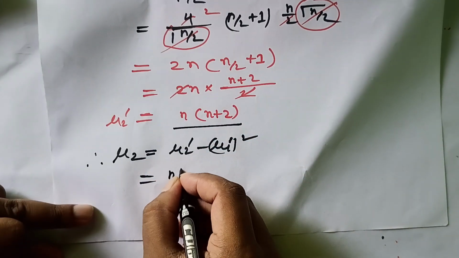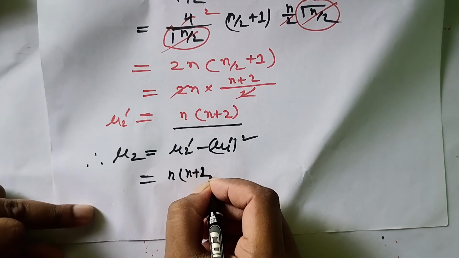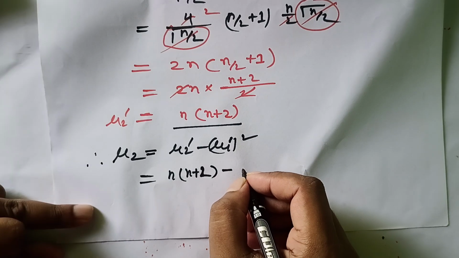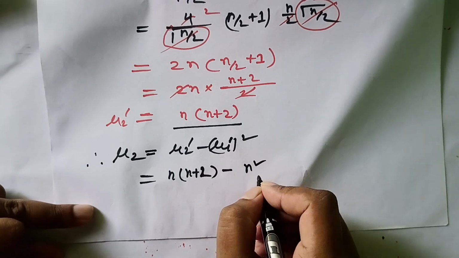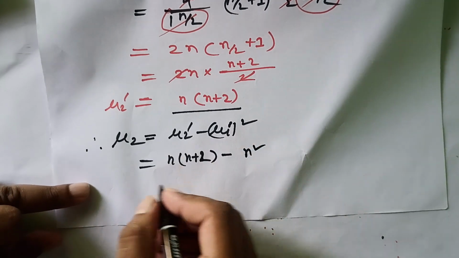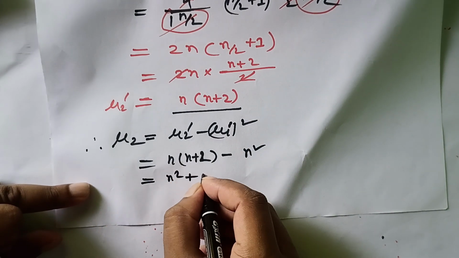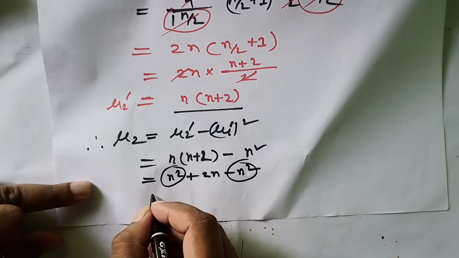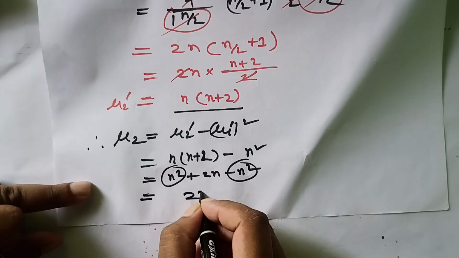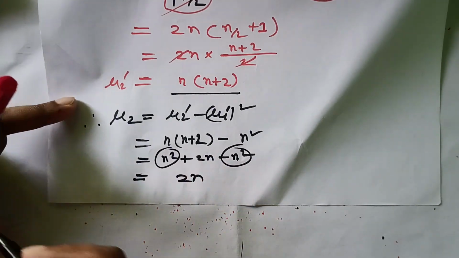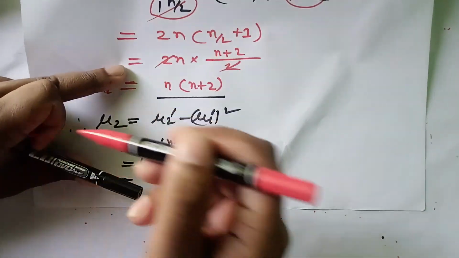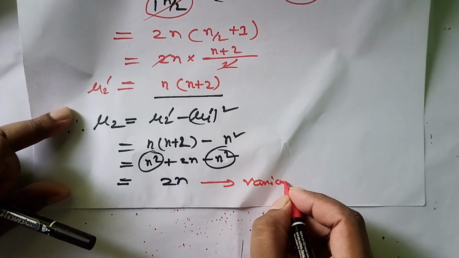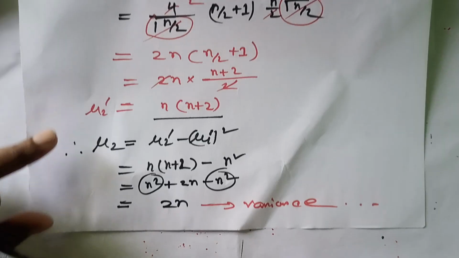First of all, this one, n into n plus 2 minus, and the mean is our n, so it will be n square. So n square plus 2n minus n square. This n square will be cancelled, so we are left with 2n, and this 2n is nothing but the variance. Thank you very much.